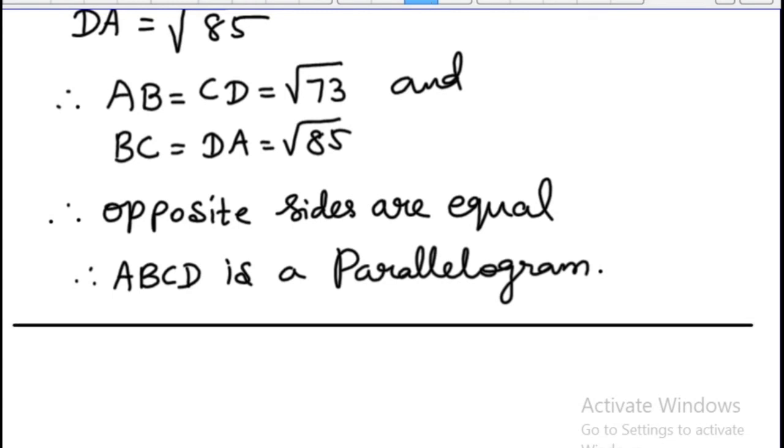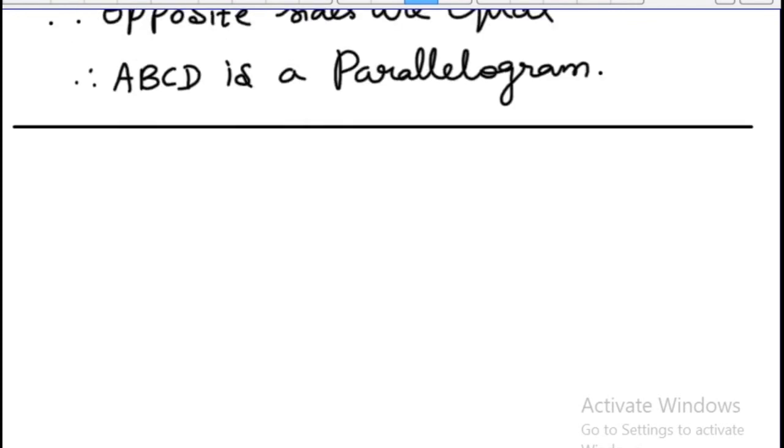Then next problem. Second solution homework. Okay. Then sixth problem. Let us verify that the following points taken in order form the vertices of a rhombus. So rhombus means all sides are equal but the diagonals are not equal.